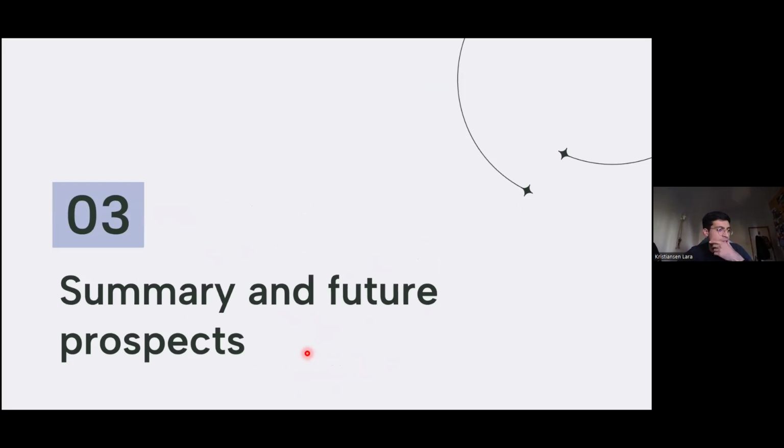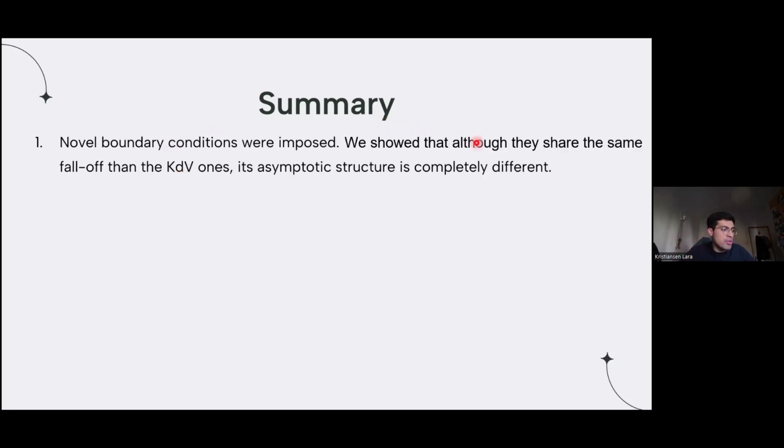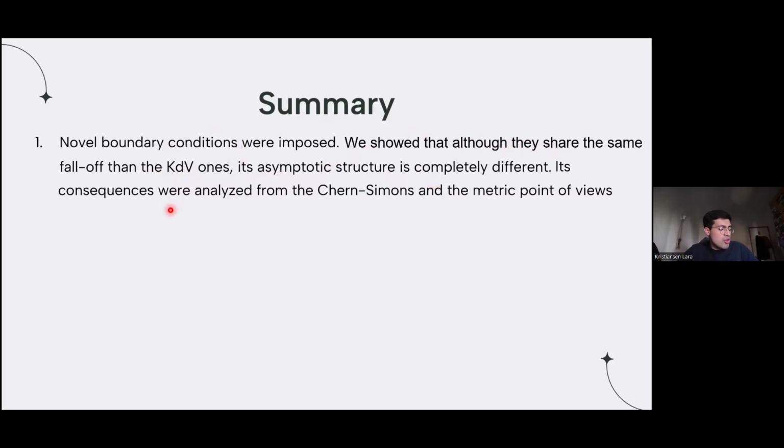So to end this talk, summary and future prospects. Novel asymptotic fall-off plus boundary conditions were imposed. We showed that although they share the same fall-off as the KDB ones, their asymptotic structure is completely different and yields a completely different black hole thermodynamics. Its consequences were analyzed from the Chern-Simons and the metric perspectives.